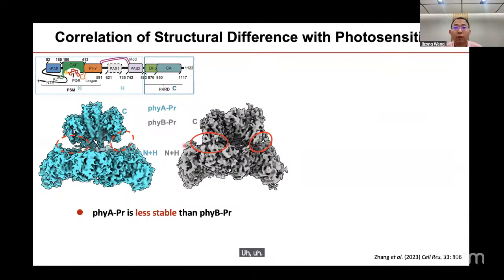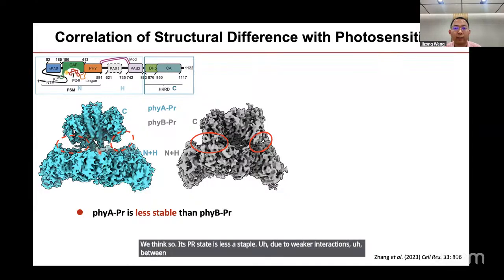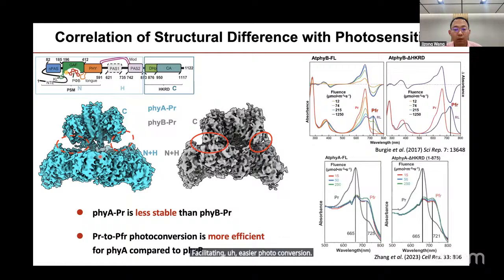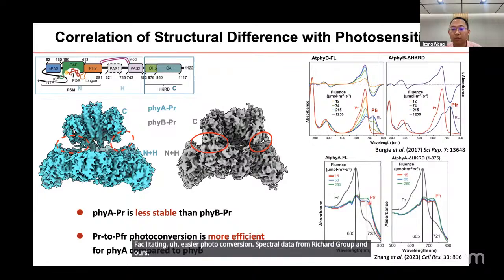We think so. Its PR state is less stable due to weaker interactions between the C-terminal HKRD and the N-terminal plane, facilitating easier photoconversion. Spectral data from Richard's group and ours support this model.